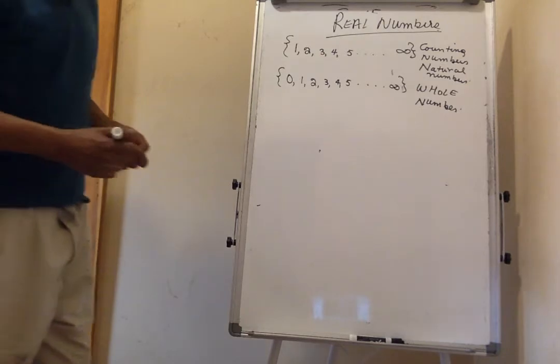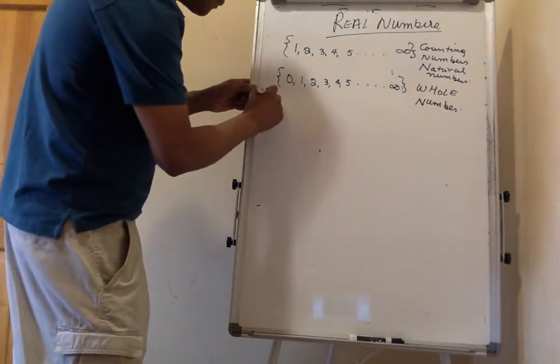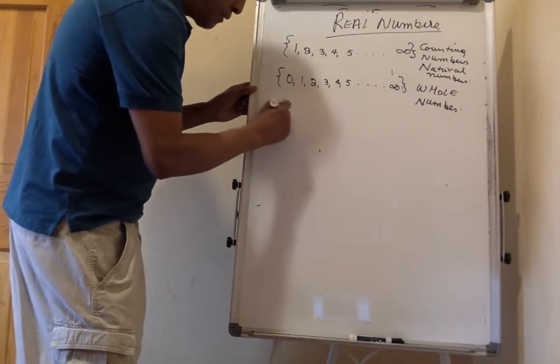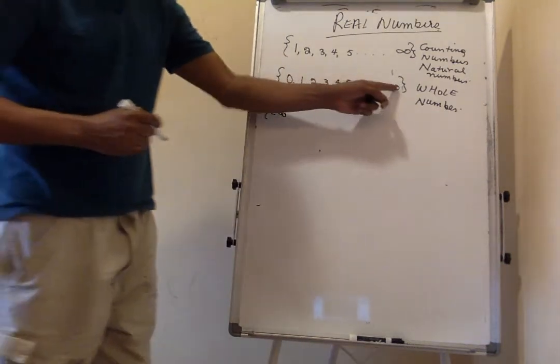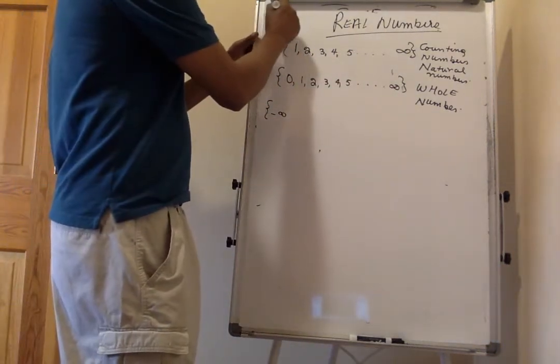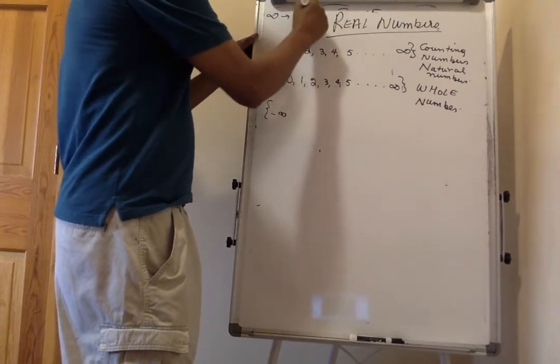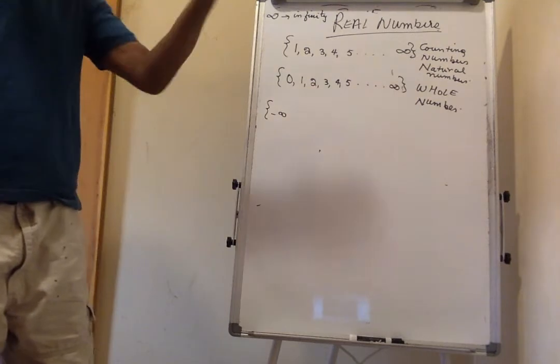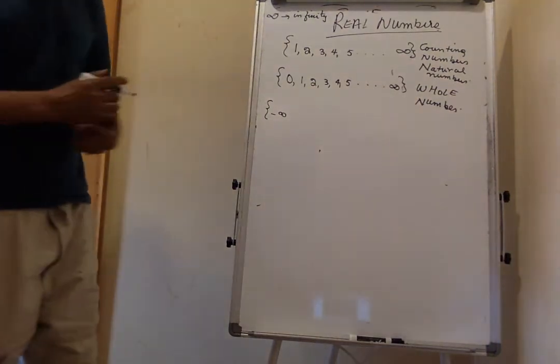Okay. Now, I have now negative infinity. By the way, the symbol, this is called infinity, or it means forever. The numbers go forever. That's why we have this symbol.